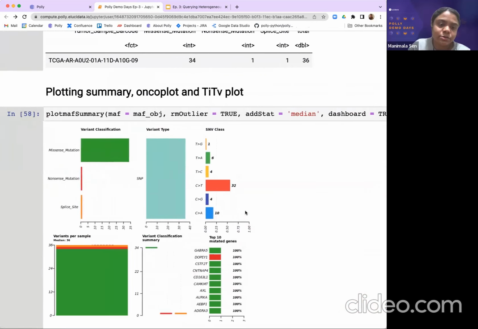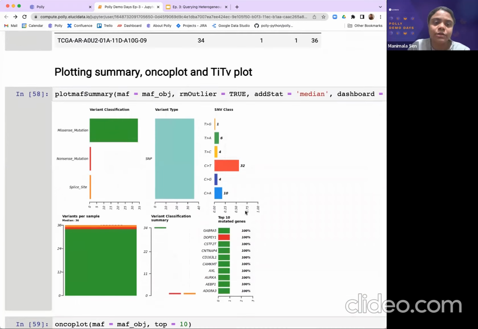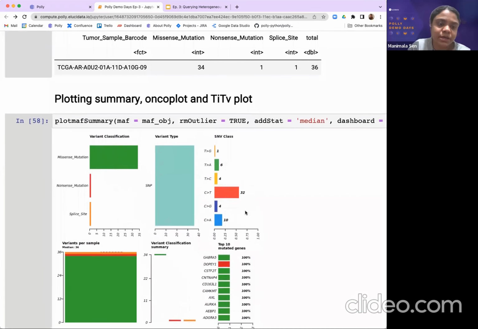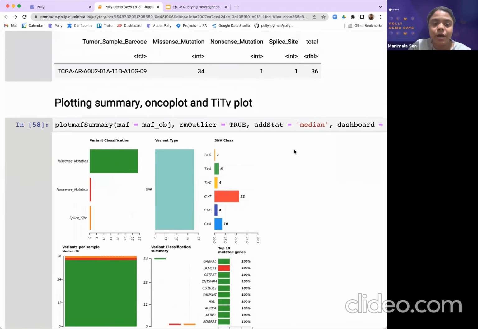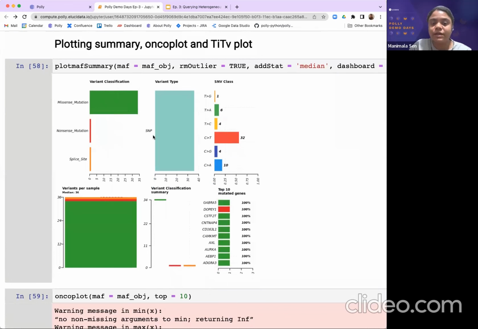So the first plot talks about how most of the mutations, or the SNVs, are missense mutations. There's one nonsense mutation and one splice site variant. Most of them are SNPs, and the second plot tells you the SNV class, which is whether it's a transition or a transversion.